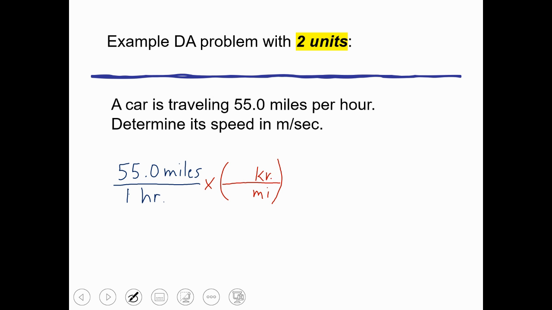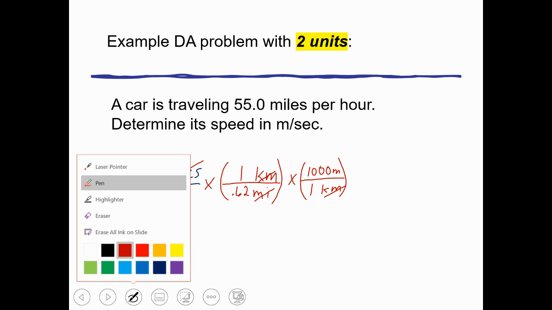And on that one slide, I gave you an equality that a kilometer is 0.62 miles. We also know then from our metric that 1 kilometer is 1,000 meters, 10 to the third meters. So that has changed my miles and my kilometers into meters.